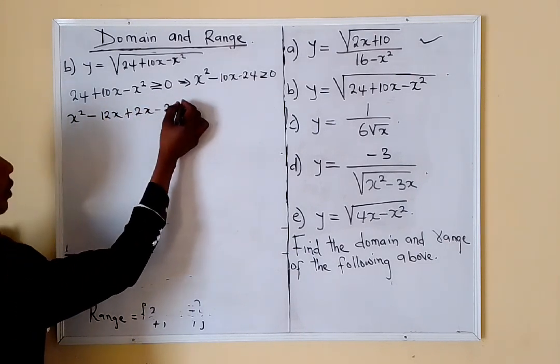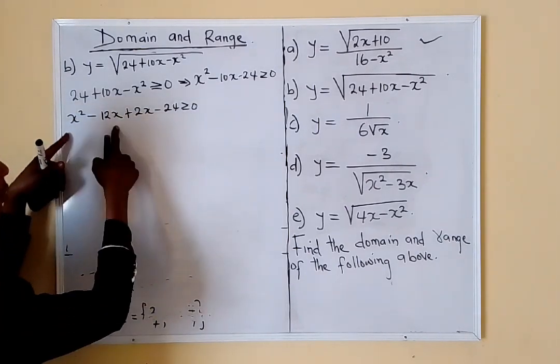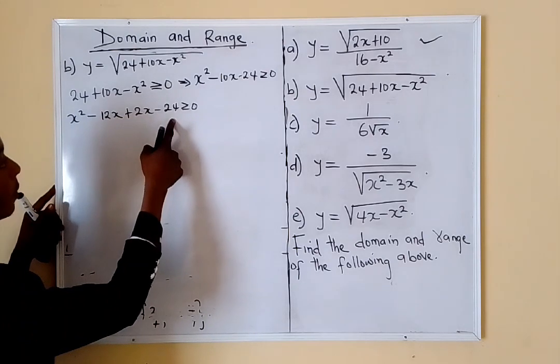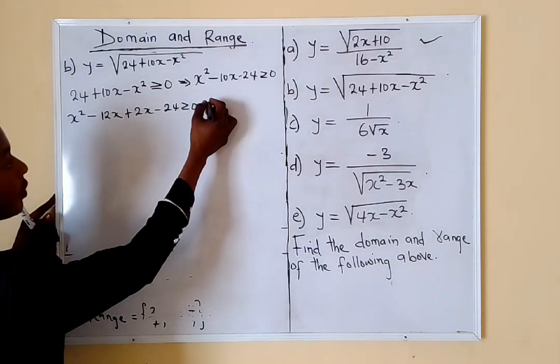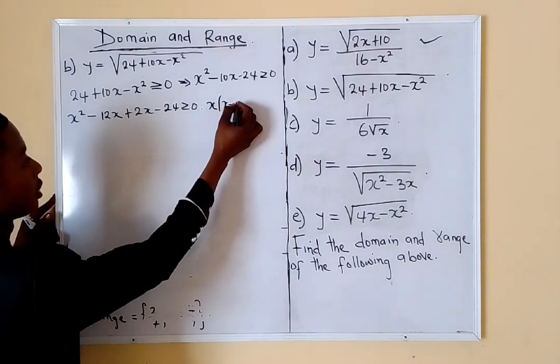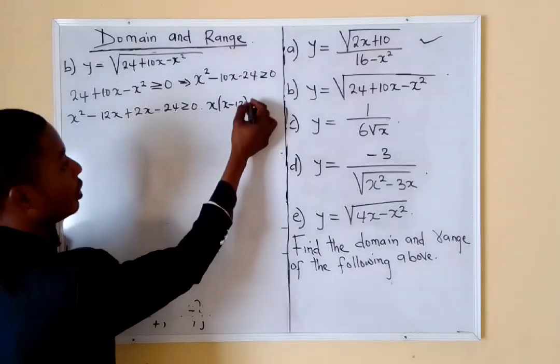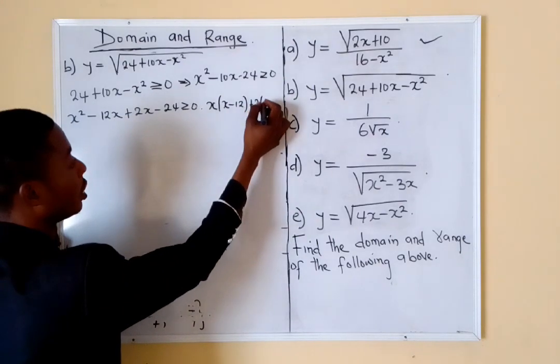Here will be 2 into x minus 12 greater than or equal to 0. So we are going to have x plus 2, these two terms outside the bracket, x minus 12 greater than or equal to 0.